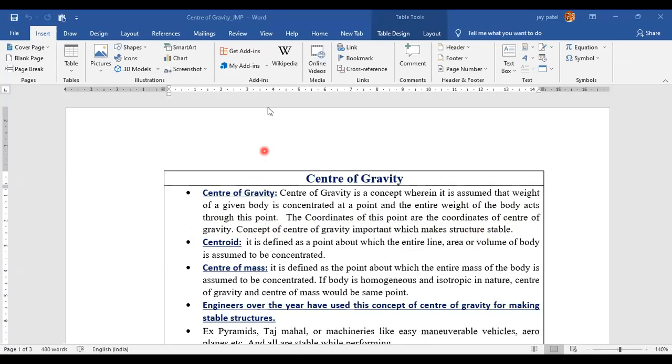Again, I will repeat this definition. What is the definition of center of gravity? Center of gravity is a concept wherein it is assumed that the weight of a given body is concentrated at a point and the entire weight of the body acts through this point. Is it clear, students? Please confirm.